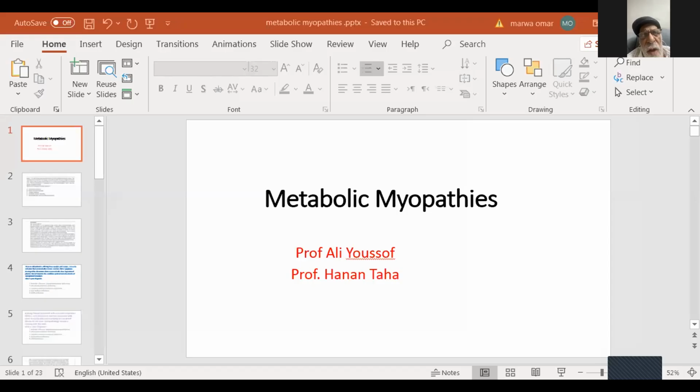And as Professor Hanan told us, when there is exercise, after about 10 minutes or a quarter of an hour, the normal aerobic oxidation either by glucose or by fat will restore the energy for the patient and he will go on with his exercises.